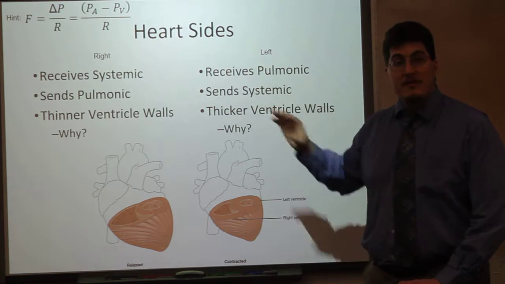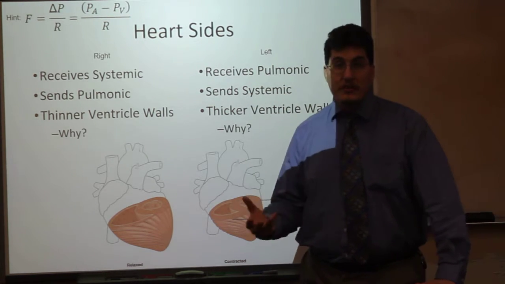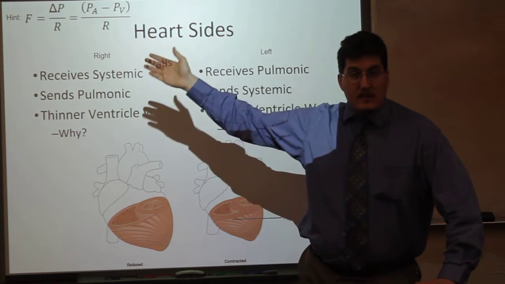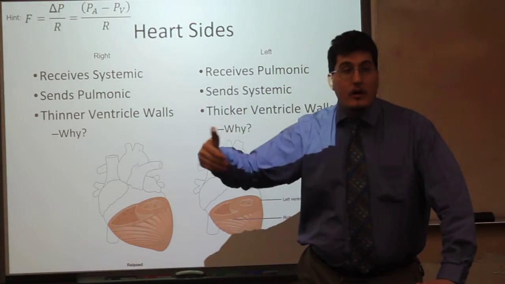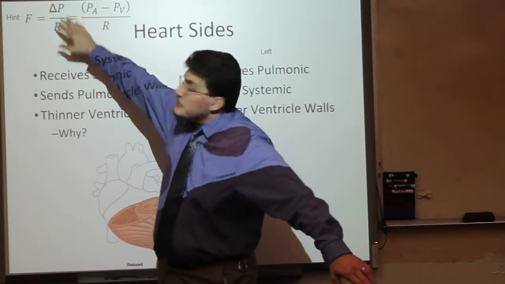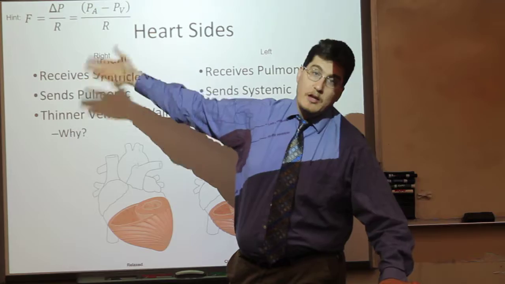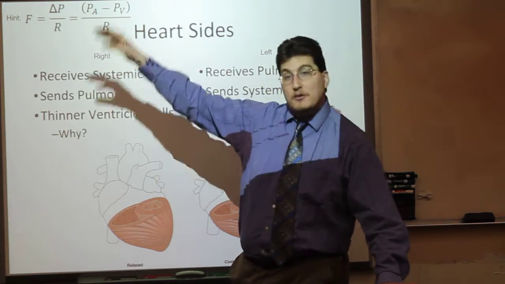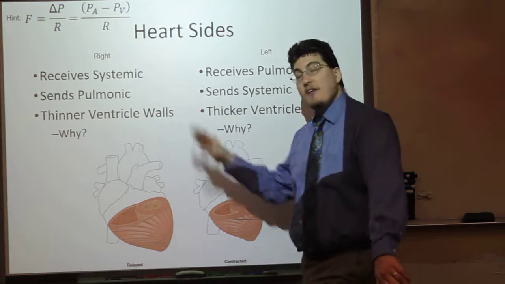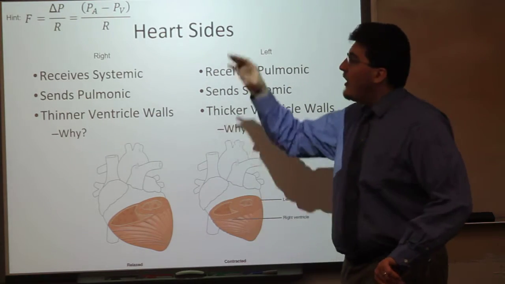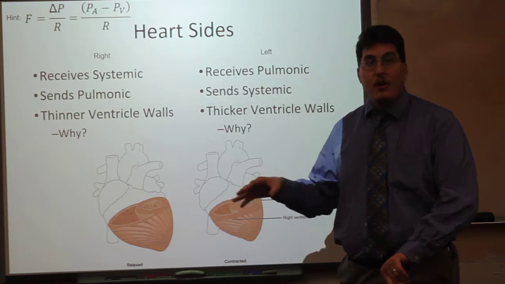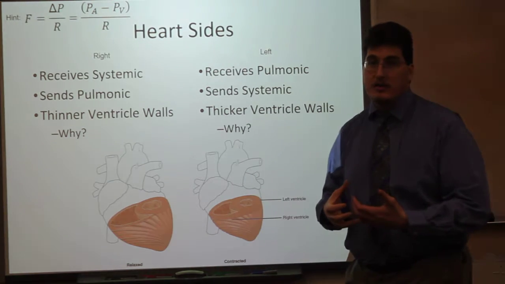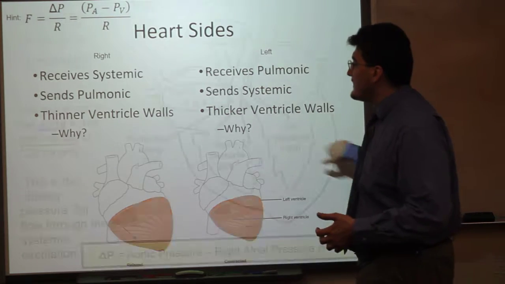In order to generate that pressure, you need larger muscle. So, if the resistance on the pulmonic side is lower, a smaller denominator, the driving pressure should be smaller in order for F to be equal on both sides, F right and F left. So if F right and F left are equal, and R right and R left are different numbers, that means that the driving pressure needs to be different on both of these sides.